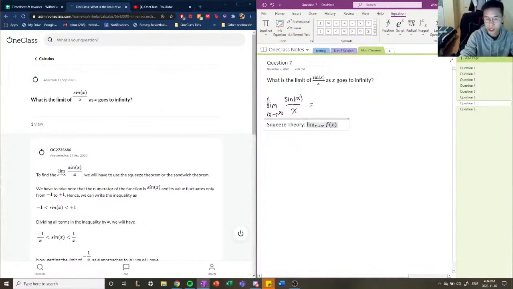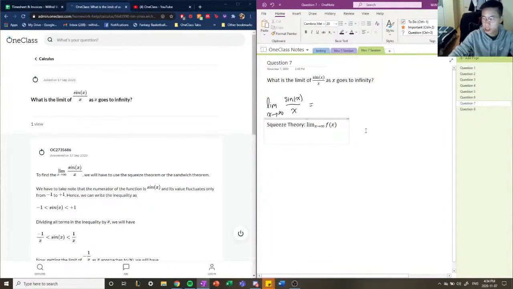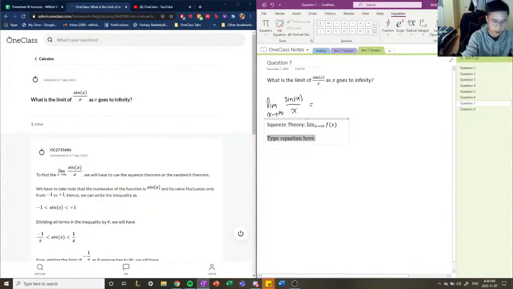But this function is very hard to use our normal limit techniques on. So instead, we can find two simpler functions to squeeze between f and x. What I mean by squeeze is that we can find a function g of x, which is always going to be less than f of x, and we can find a function h of x, which will always be greater than f of x, right?